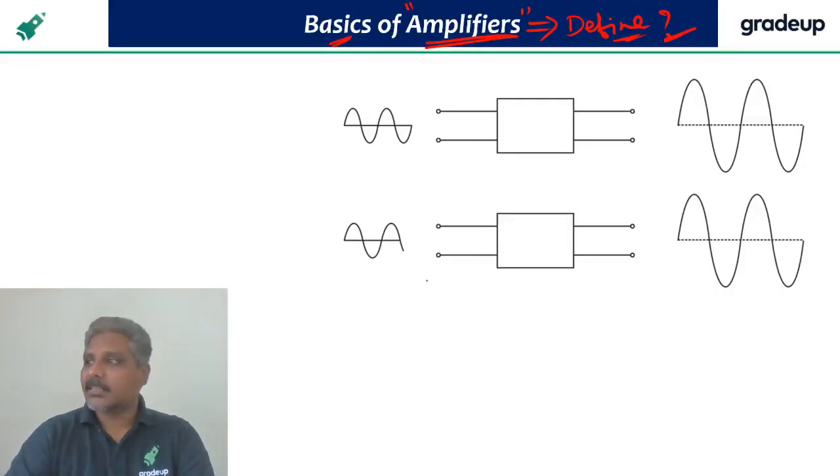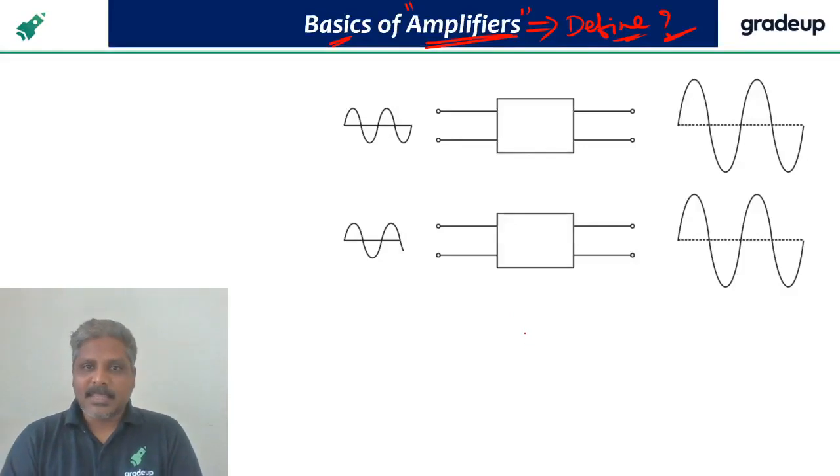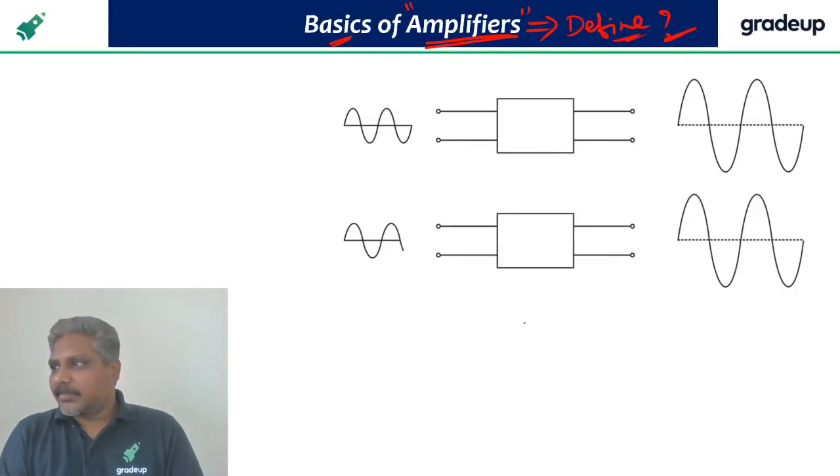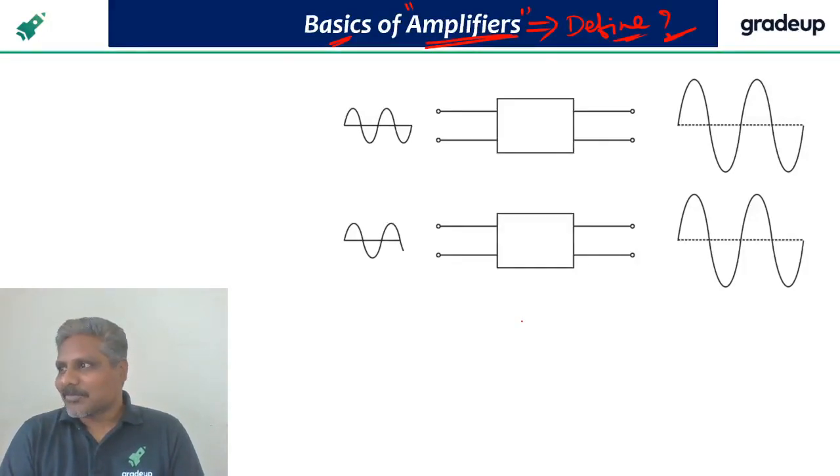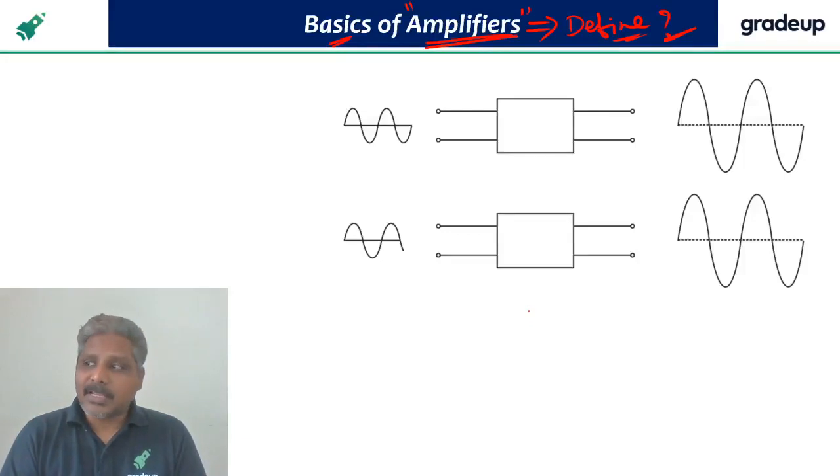Increases the signal strength, magnifies the signal strength, enhances the input signal. Like this, there are many answers. Power increases, tuning of the signal, etc. Many are there. But let me tell you exactly what the amplifier is.